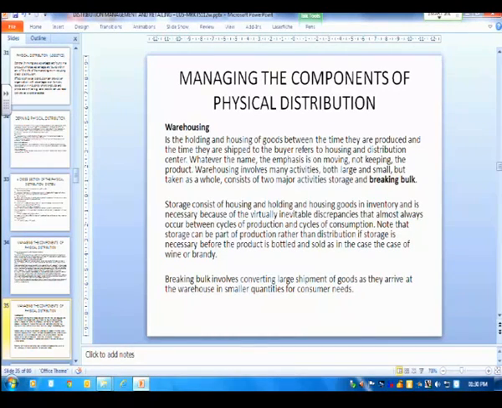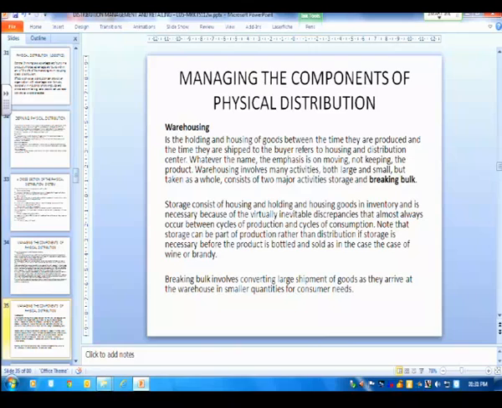Warehousing involves many activities, both large and small, but taken as a whole consists of two major activities: storage and breaking bulk. Storage consists of holding and housing goods in inventory and is necessary because of the virtually inevitable discrepancies that almost always occur between cycles of production and cycles of consumption.